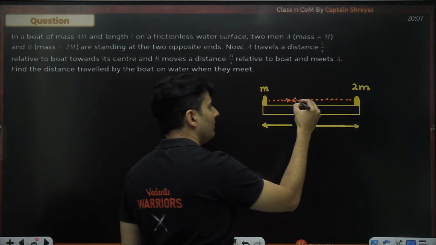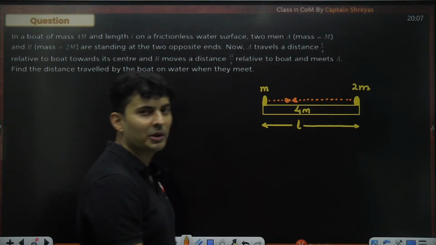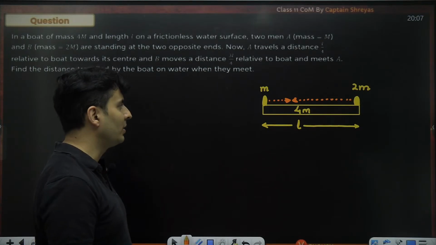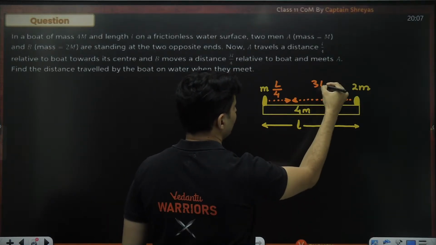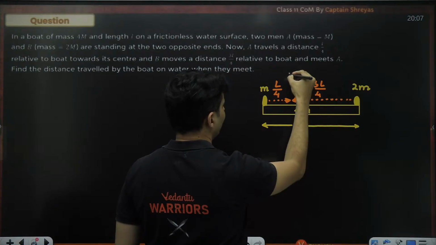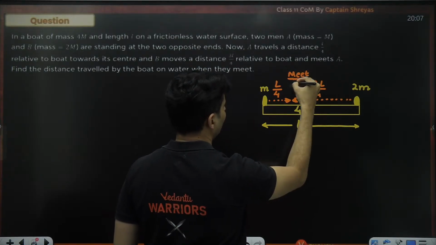I'll tell you one big blunder which will happen: a lot of people are going to mess up with the displacement. So this is L by 4, this is 3L by 4, and this is where they end up meeting.